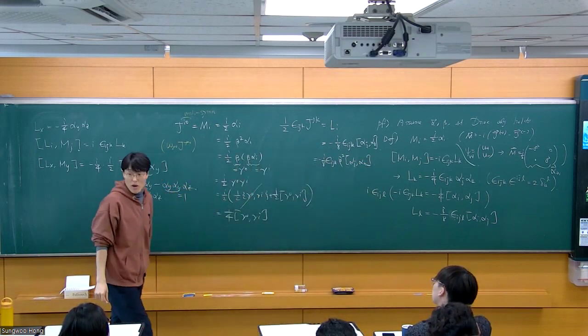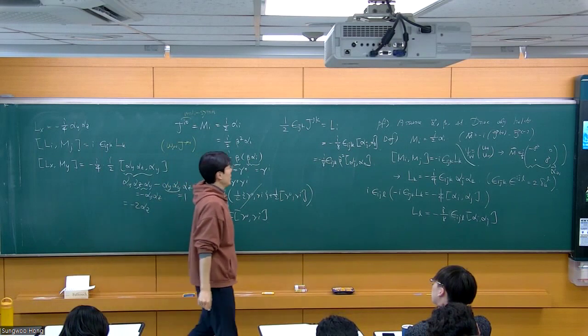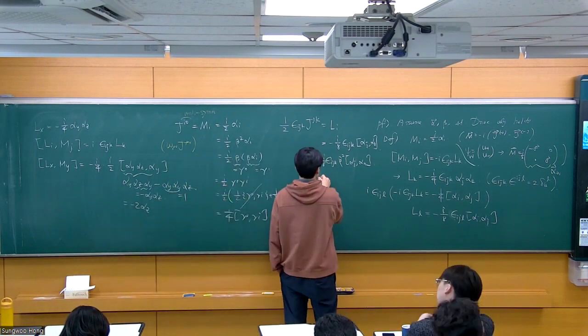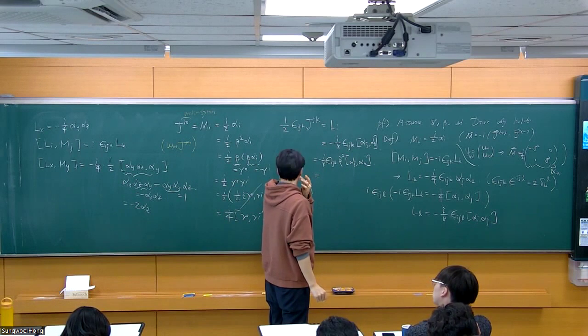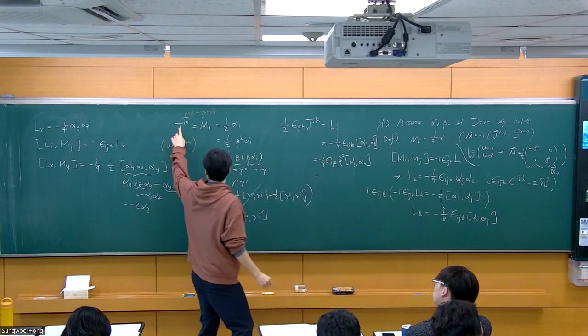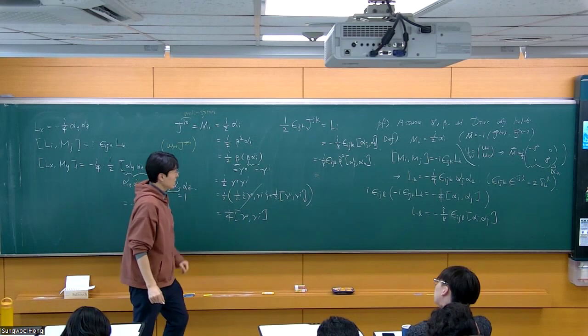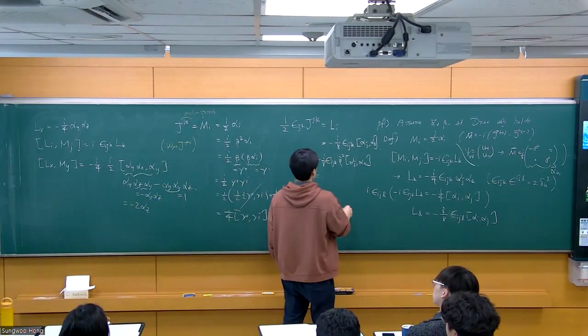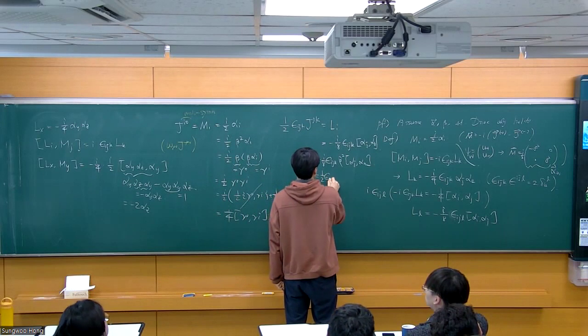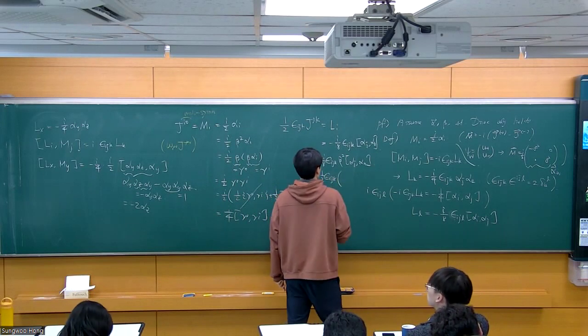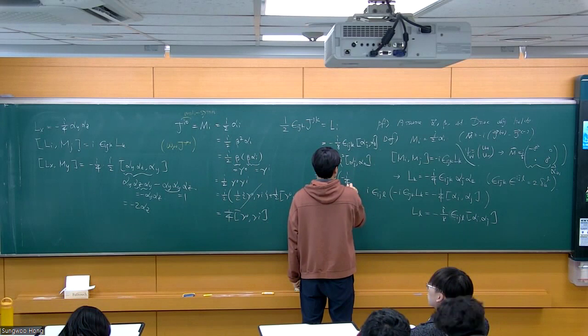Okay, so I just put in 1 there. Then, okay, so J of I0 was that. So here, I want to pull out half epsilon ijk, minus I over 4.